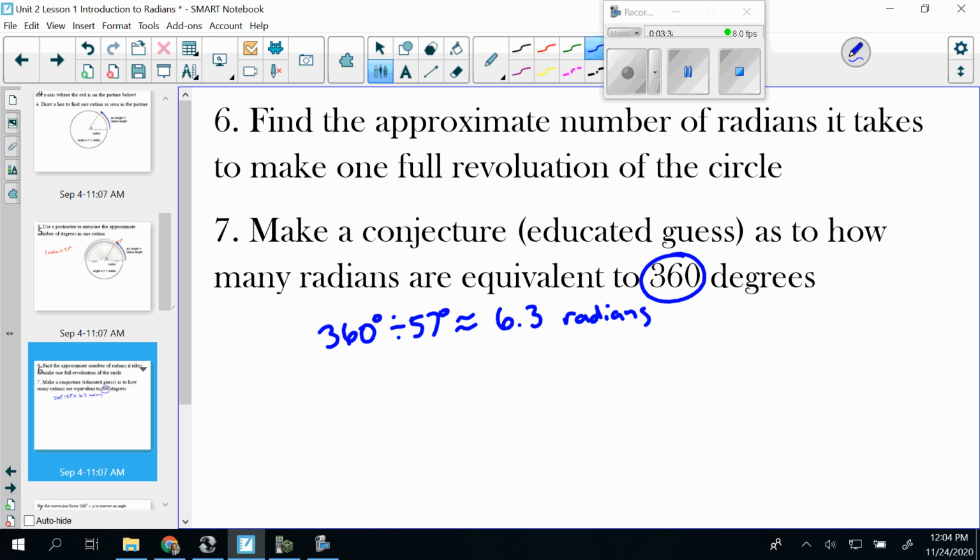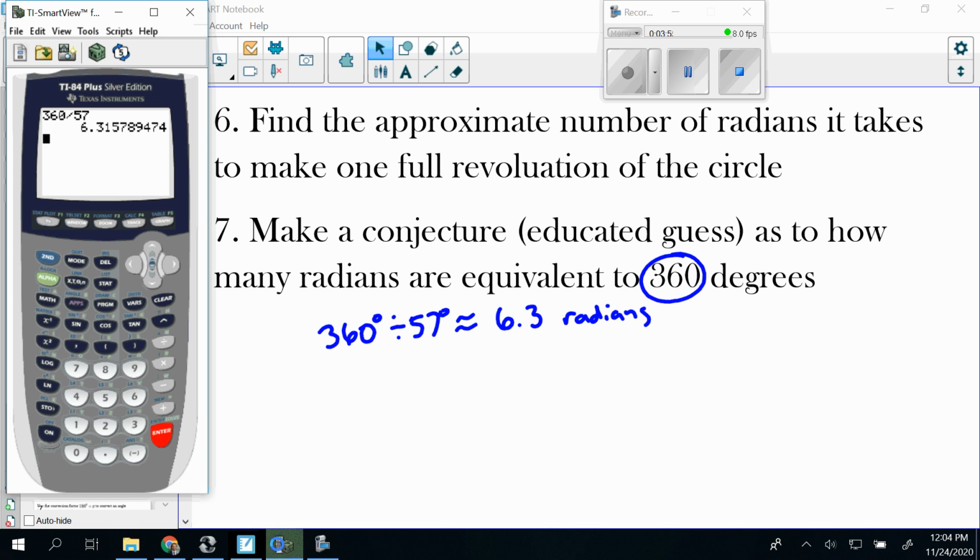around a circle. Now that number, again, is an approximation, but it is very close to the exact amount of radians it takes to go around the circle, which ends up being the number 2 pi.